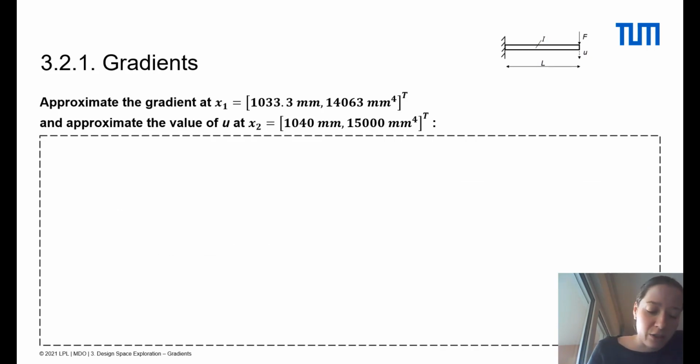Okay, central finite differences in general for a function that depends on two variables can be computed according to this formula.